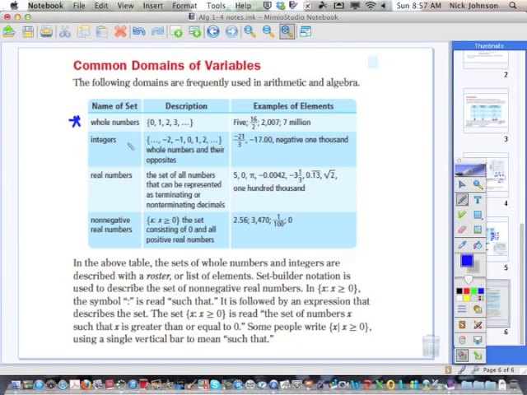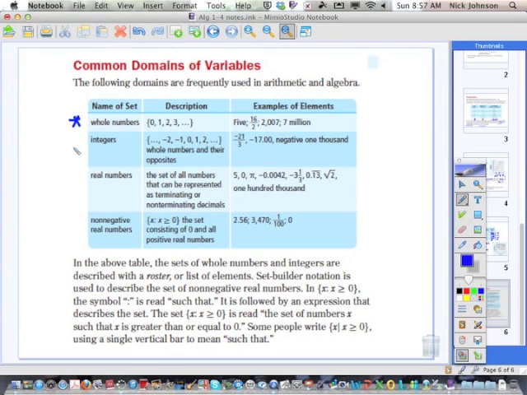Integers. Integers are your whole numbers and their opposites. So, all your positive numbers from 0 all the way out there, and your negative numbers from 0 all the way out there. Negative 21 over 3 is a negative 7. Negative 17 and a negative 1,000 are all integers.